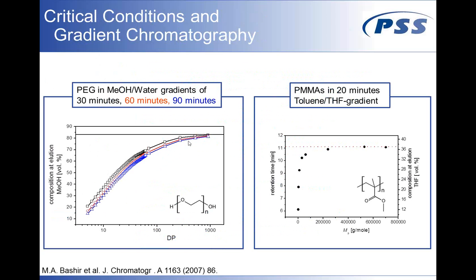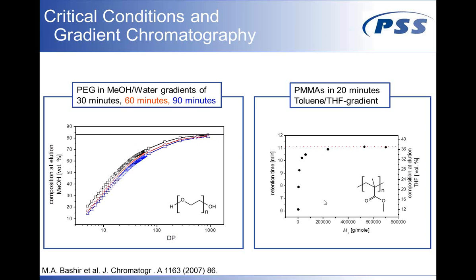As you go to higher and higher molar masses, you end up at somewhere around 82% methanol in your solvent, and then you have no effect of molar mass. If we determine the critical conditions independently in isocratic experiments, then we obtain this line.